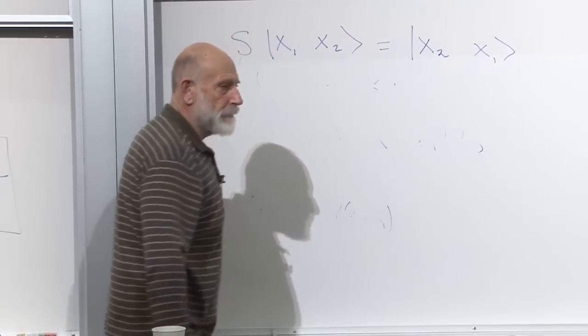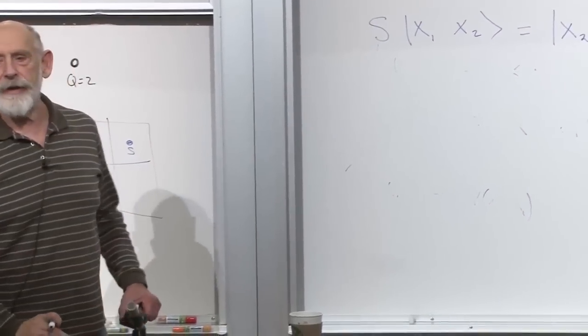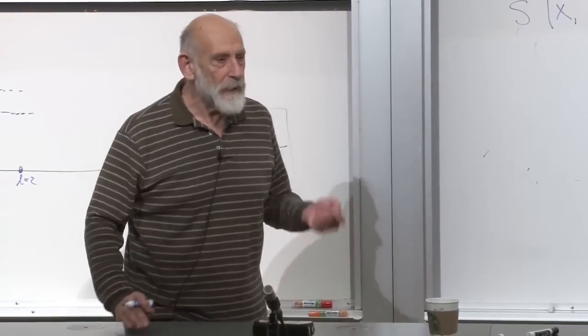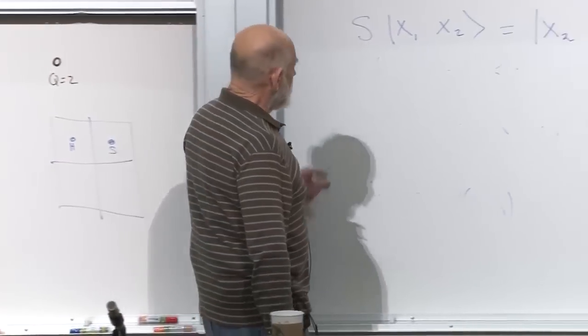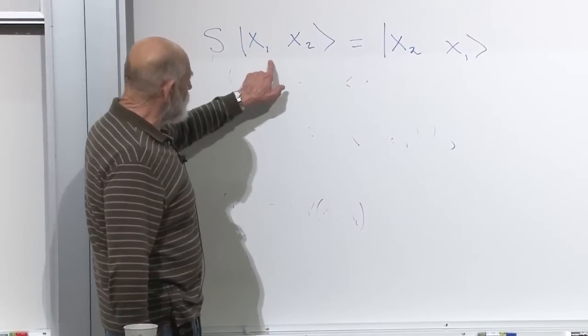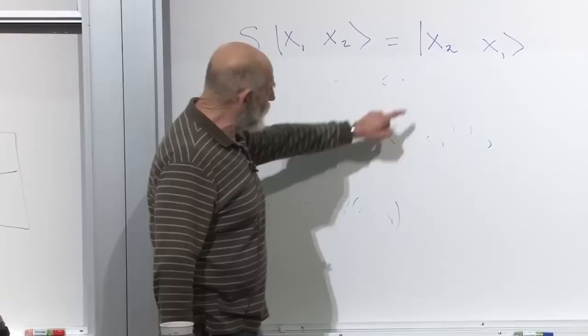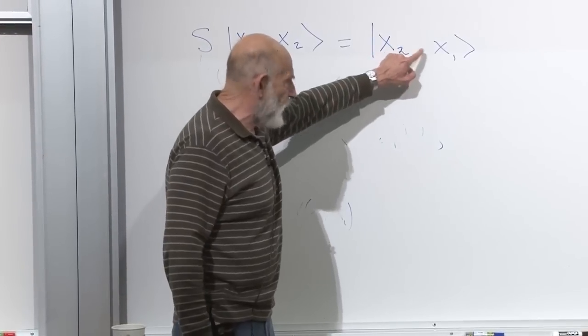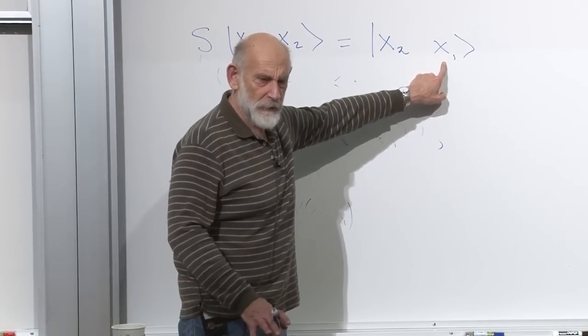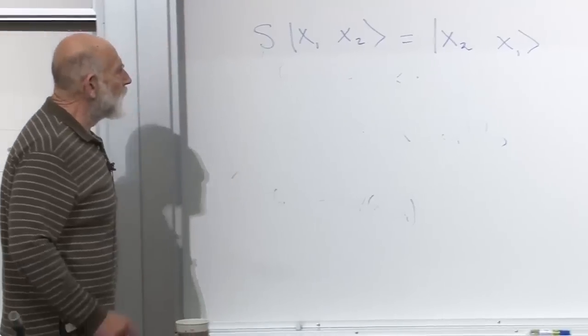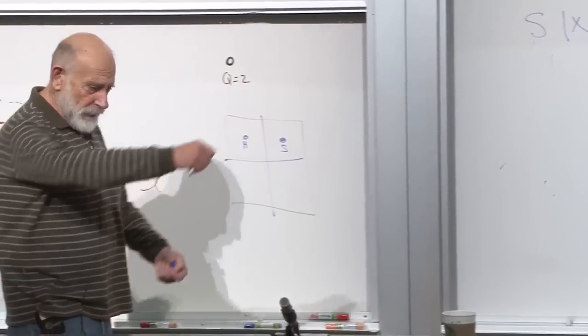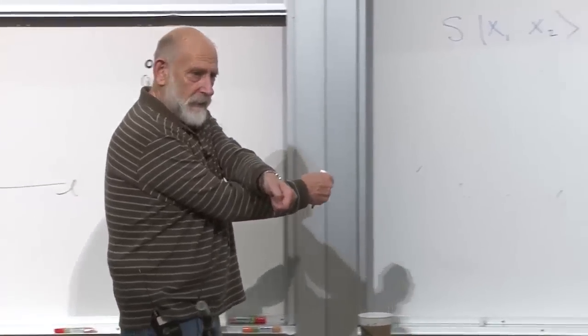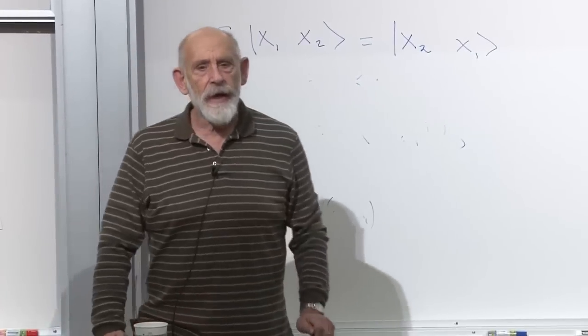If the particles had little names attached to them, this would mean something. Here you would have Harry at position 1 and Sally at position 2. Here you would have Sally at position 1 and Harry at position 2. I'm not sure I said it right, but you know what I mean. You just do a little dance and switch them.